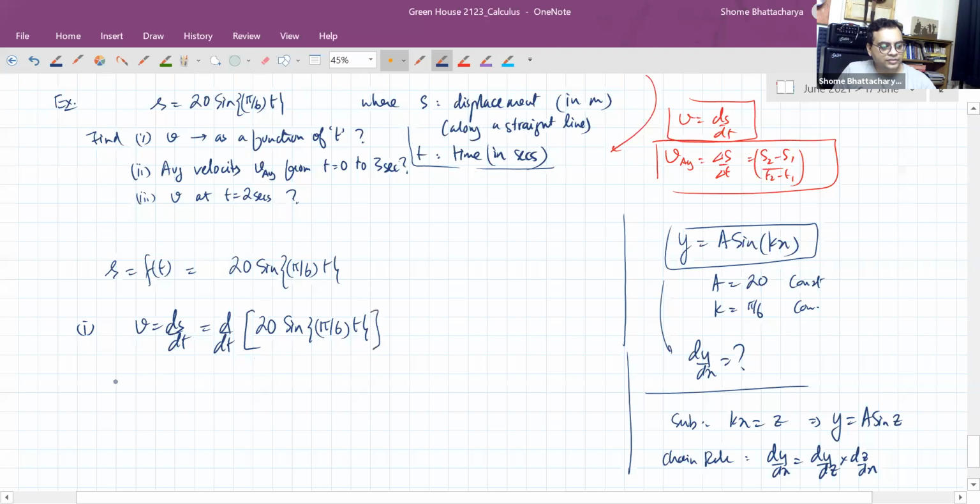When I come down to the differentiation of this, you'll see we get 10 pi by 3 cos pi by 6 t as our value.